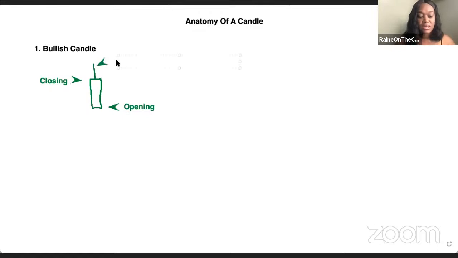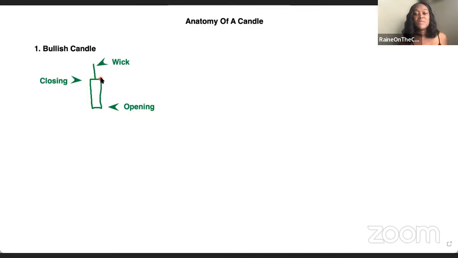But this is the wick. So the wick represents an area that price has been. So we know that price opened at the base. We know it closed here, but before it closed here, at some point it had traveled all the way up to the top of the wick here, but by the time it closed, it actually closed here.